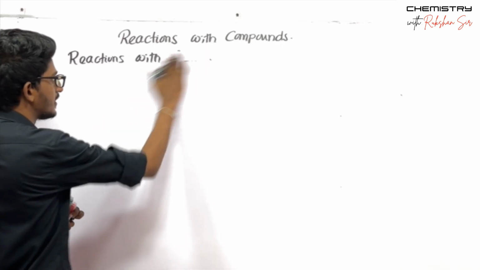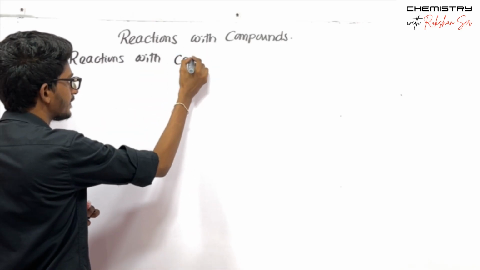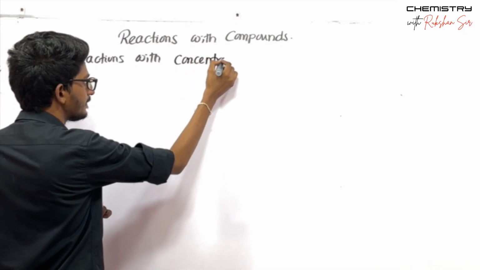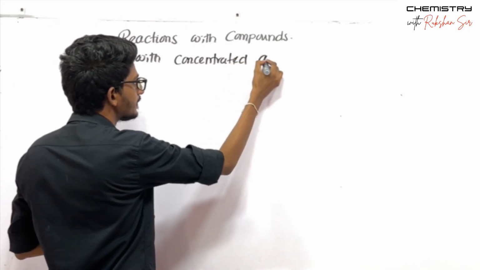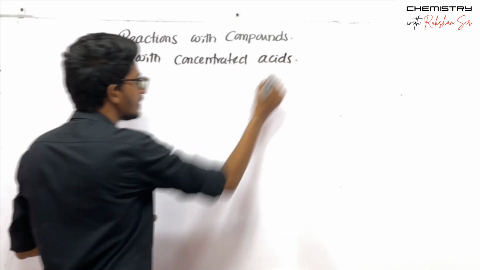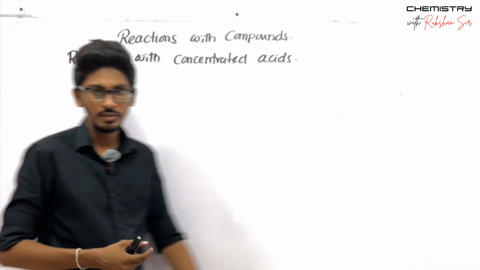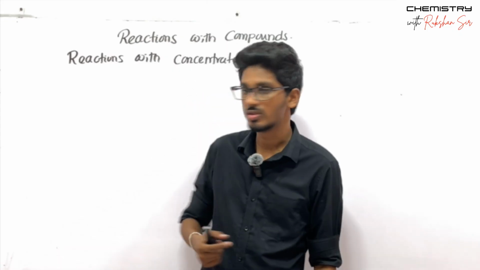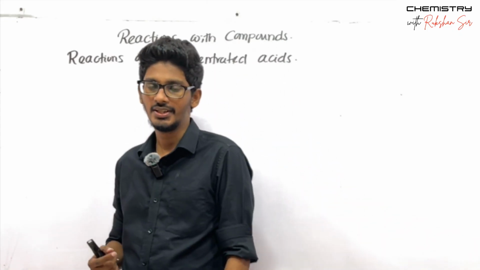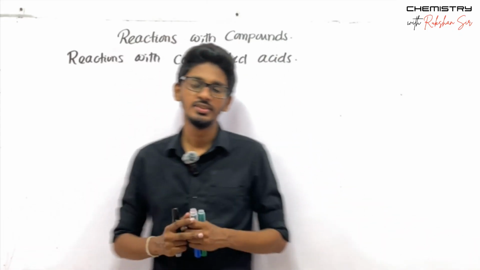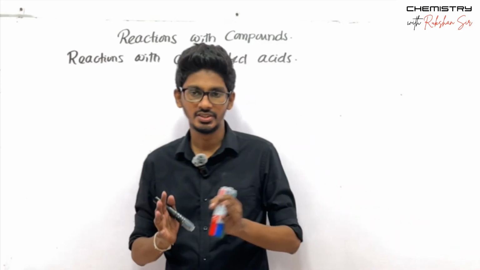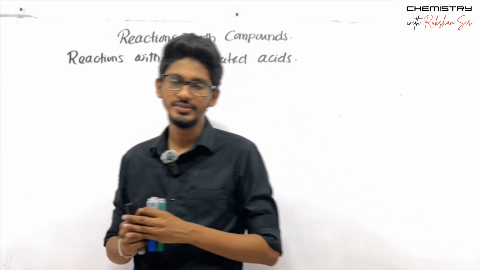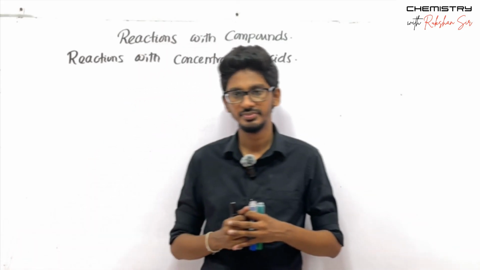Reactions with, let's say, concentrated acids. When it comes to the reactions with conc acid, not like in the dil acid situation, here the reduction will not occur from the hydrogen.